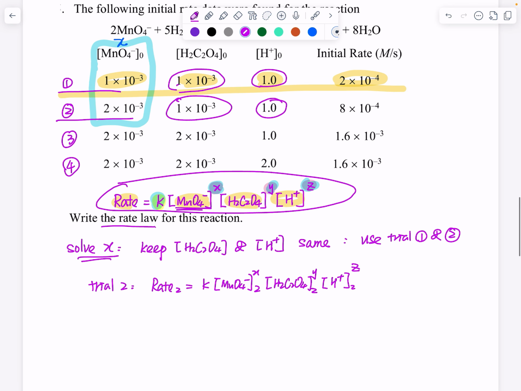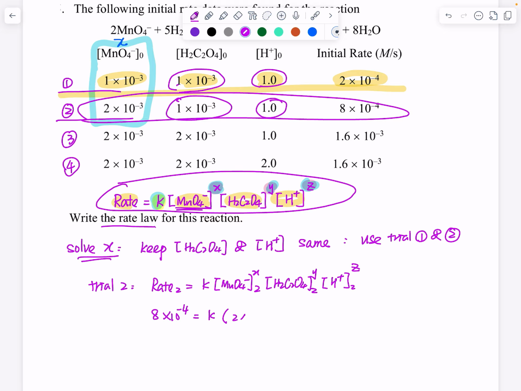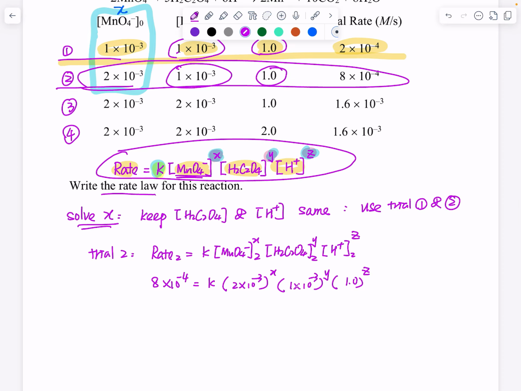Since we have the actual numbers, let's plug them in. That'll be 8 times 10 to the negative 4 equals K multiplied by 2 times 10 to the negative 3 raised to X, multiplied by 1 times 10 to the negative 3 raised to Y, multiplied by the third concentration raised to the power of Z. This is based on trial 2.